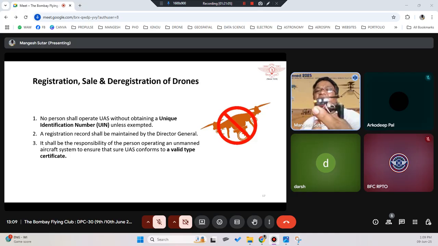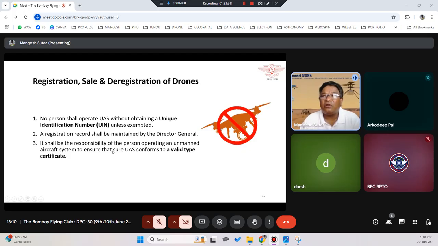We even train people to build this drone, learn how to fly it and make it. So this drone is for training purposes or just recreational. We just fly it at home for fun, to learn how to fly the drone. So these are tiny drones. I have one more tiny nano drone like this, a couple of them at my home. So those are exempted from the UIN number.